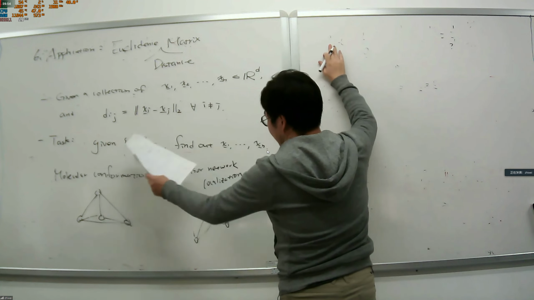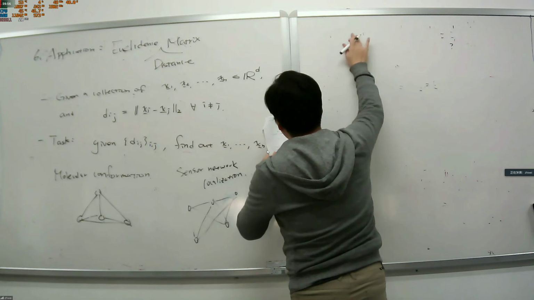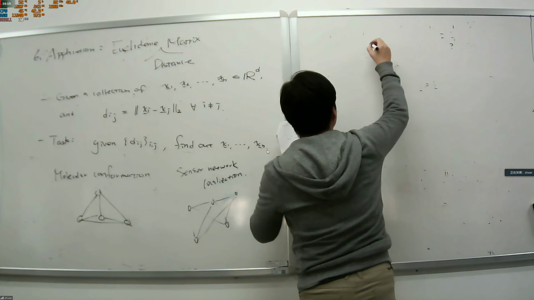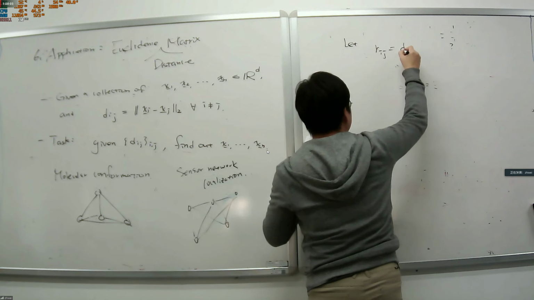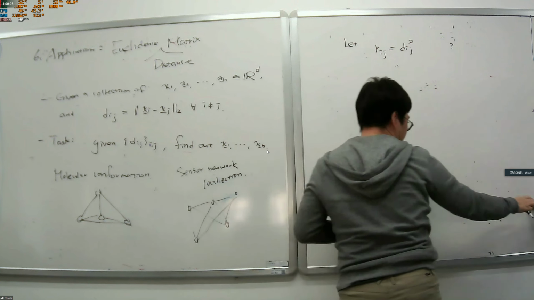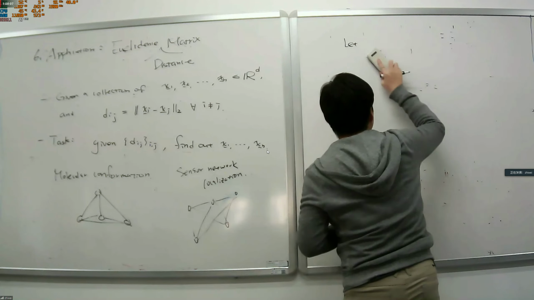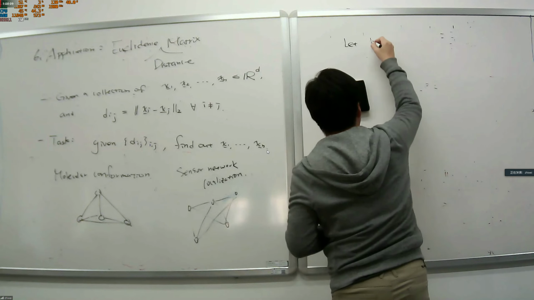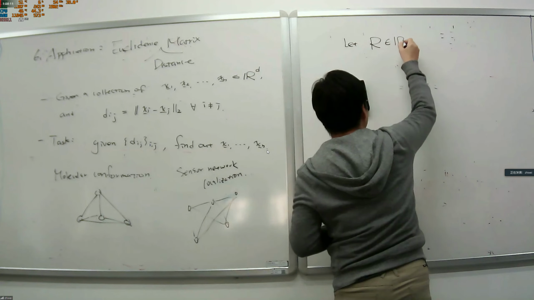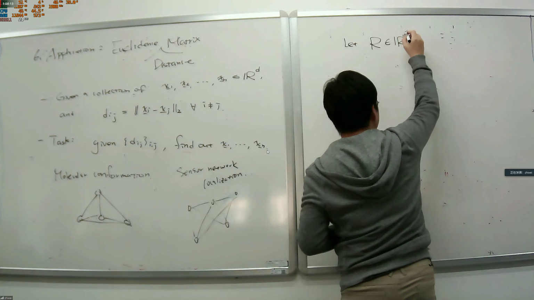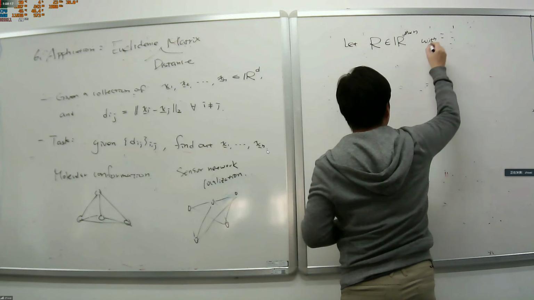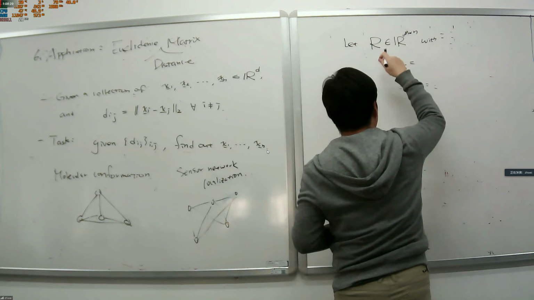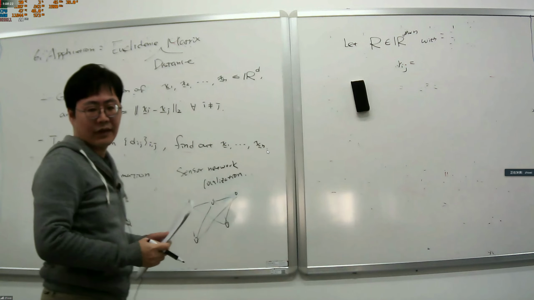So now we have this Dij. Then we let Rij be Dij squared. So we let R be an N by N matrix, with Rij being the ij-th entry of this R matrix.